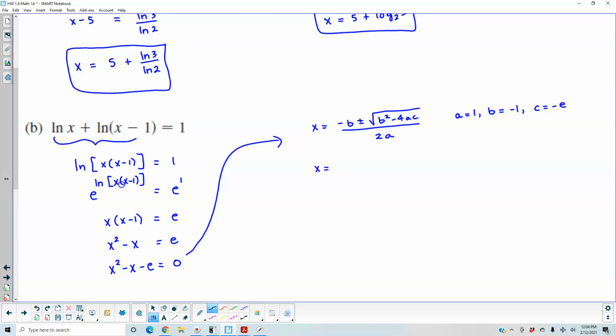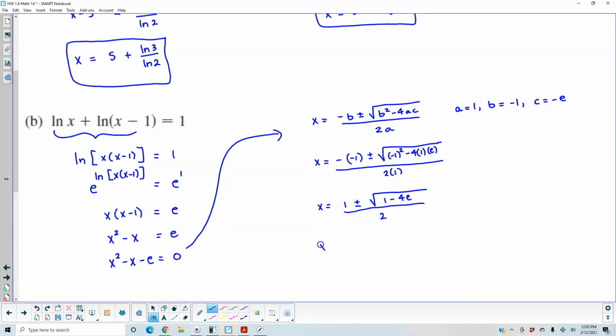So we have x, which is equal to negative times negative 1, plus or minus the square root of negative 1 squared minus 4 times 1 times negative e, all over 2 times 1. So we get x, which is equal to 1 plus or minus the square root of 1 plus 4e, over 2.